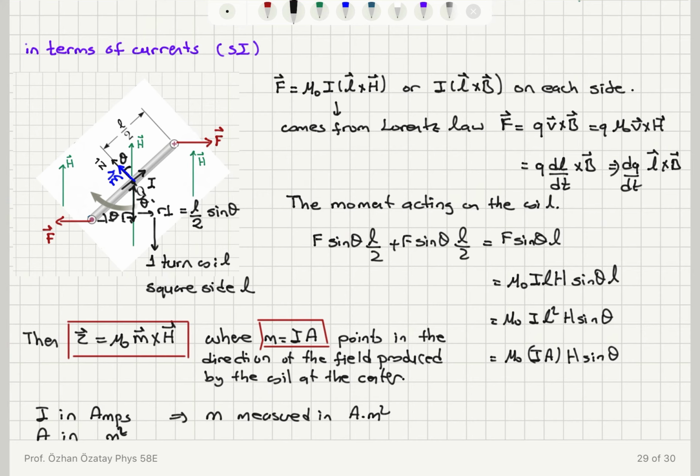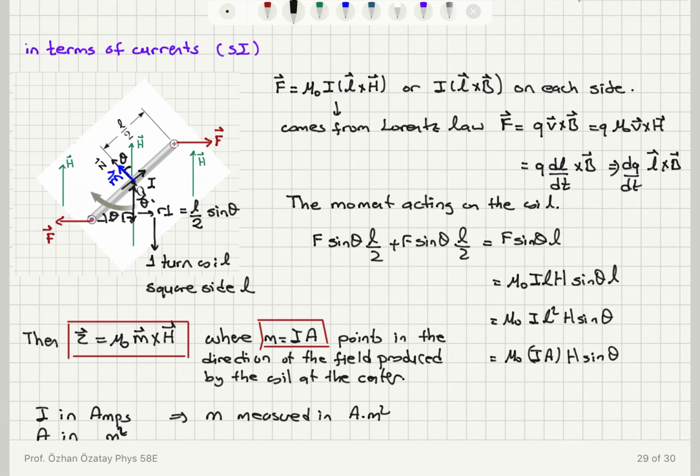The moment acting on the coil is due to this force which has a rotation effect around the center of mass, and we see that this torque turns out to be mu 0 M cross H, where the magnetic moment is now defined as the product of the current in the coil times the area enclosed by the coil, which is L squared in this case, and it's a vector that points in the direction of the field produced by the coil.